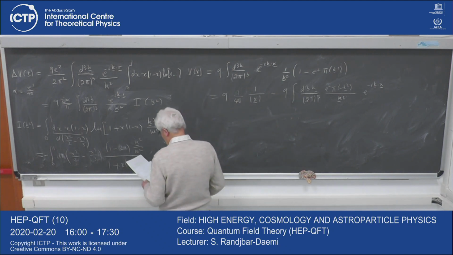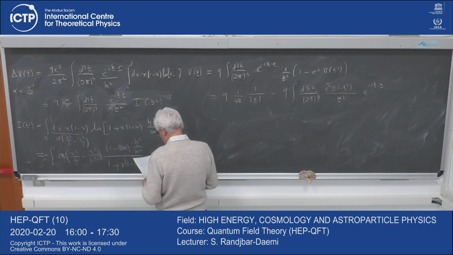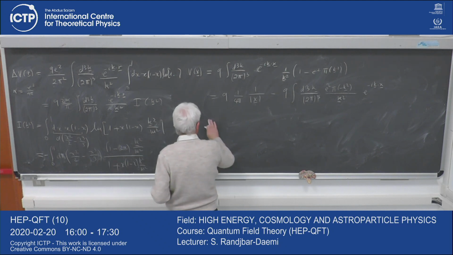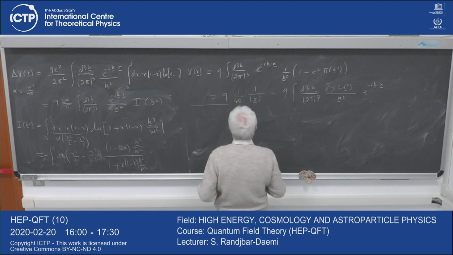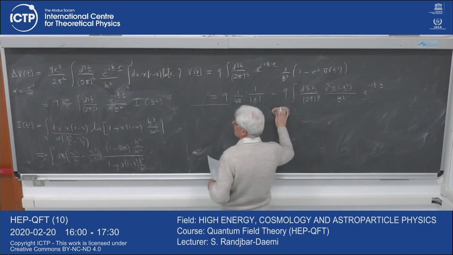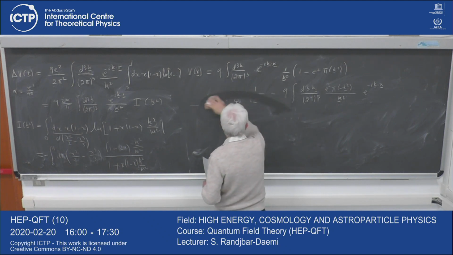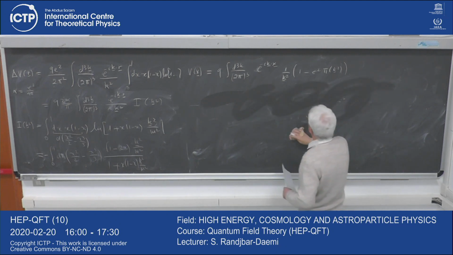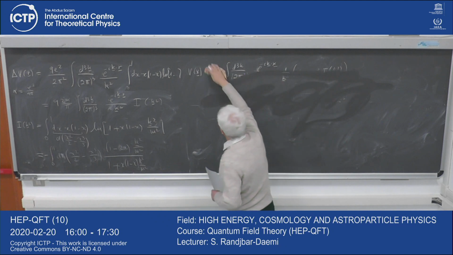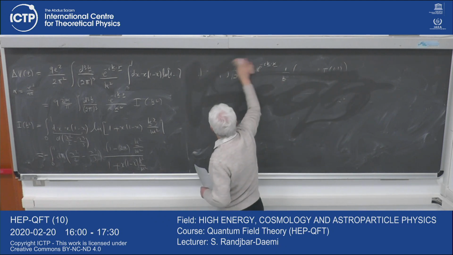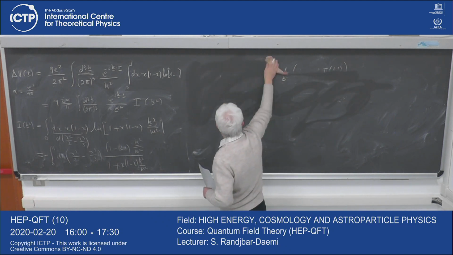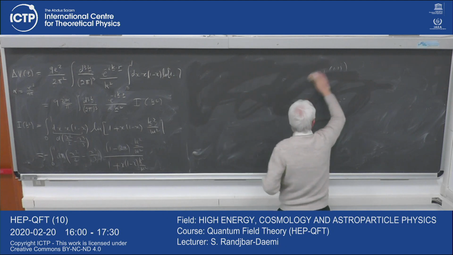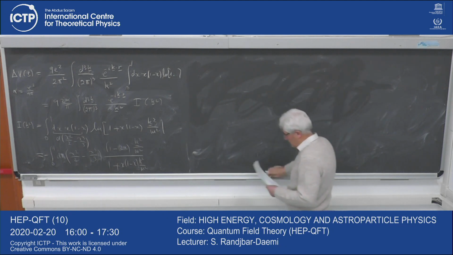So there is a nice change of integration variable. Do I need this? No. I also do not need this. So we change the integration over x to a new variable.